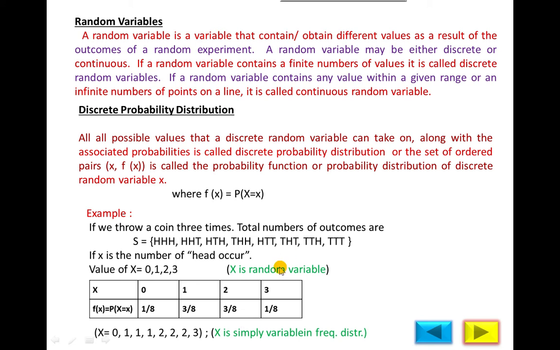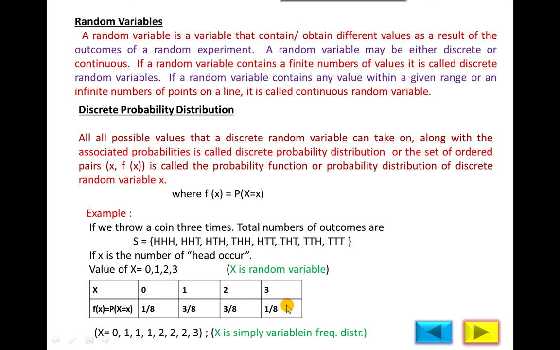So we will use the word random variable in the probability distribution table and the different formulas of the probability distribution. Same as the frequency distribution table, we will also find the mean, standard deviation and mode, etc., according to your syllabus. The method is different.